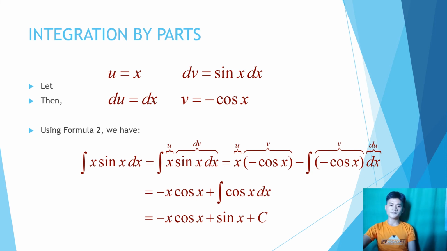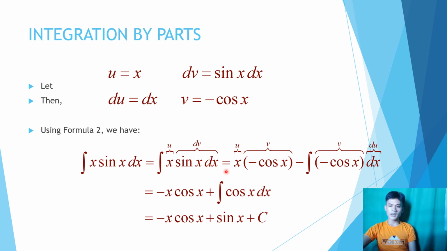We just plug in these values, so the integral of x sine x dx is equal to x as our u, negative cosine x as our v, minus the integral of negative cosine x as our v, and 1 dx or dx as our du.